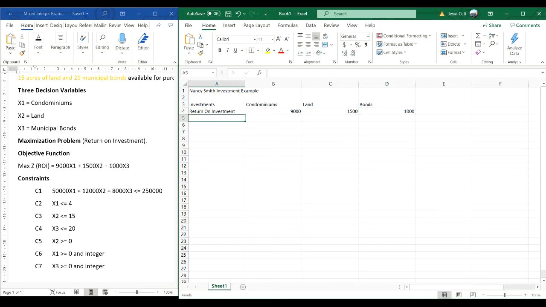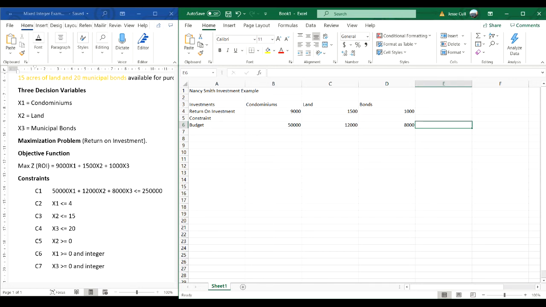After we do that, we're going to list our constraints. For now, we'll say constraint. And we saw over here that we have not one, but 7 constraints. We're going to make this a little easier. Our first constraint is budget. And here, condominiums cost $50,000, land, $12,000, bonds, $8,000.